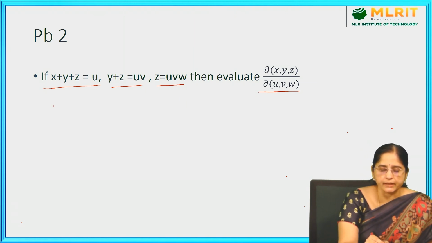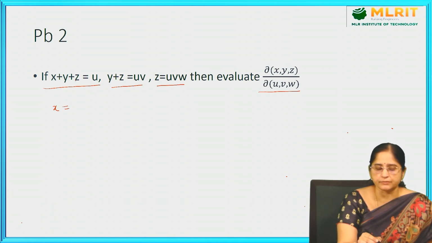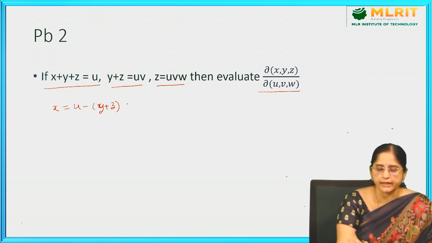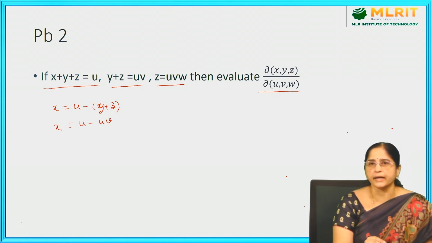So x equal to, from the first equation x plus y plus z equal to u, x equal to u minus (y plus z). But they are given y plus z equal to uv. That's why we can write, this value is u minus uv. Therefore x equal to u minus uv.